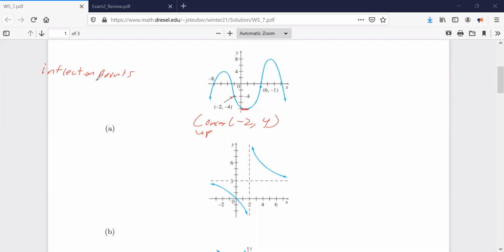So those are points where it switches from being concave down to concave up, or vice versa, at -2, 4, and at 6, -1. Then I have concave down from -infinity to -2 union 6 to infinity.